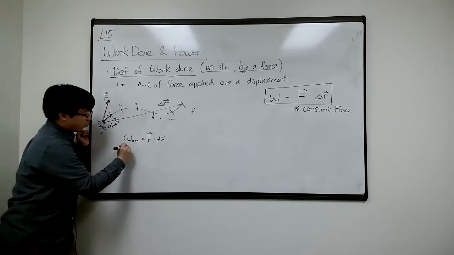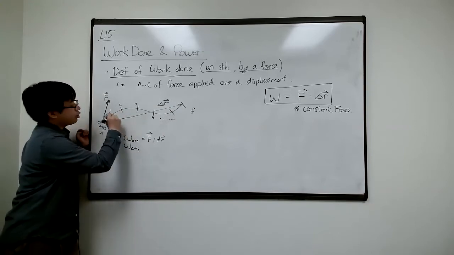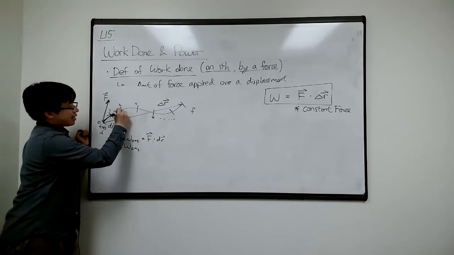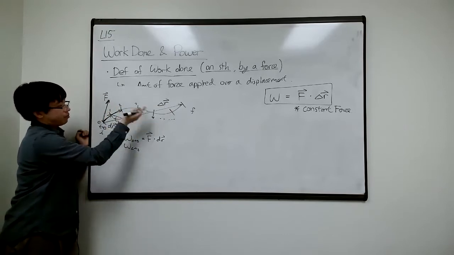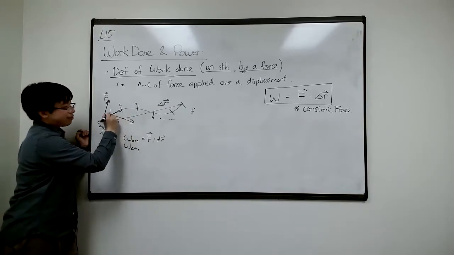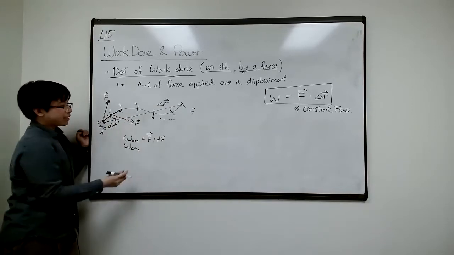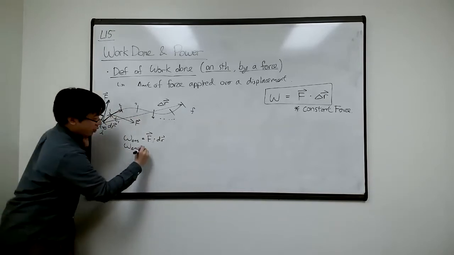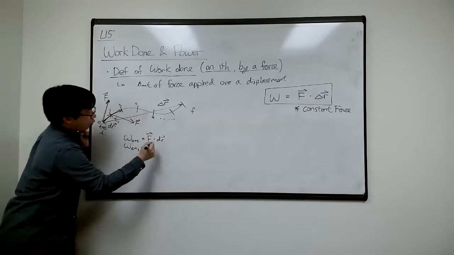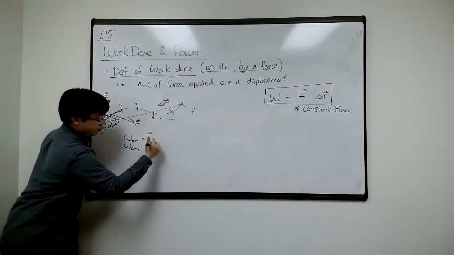And the work done from point 1 to point 2 over here. As you can see, my force might completely change. But if this is a short enough segment, the force is not going to change within it. So it's going to be the force at point 2.